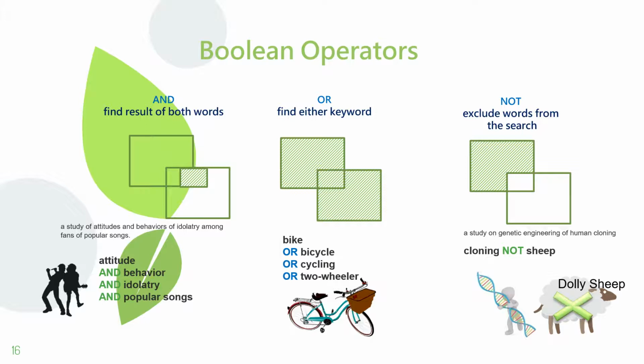Usually we use AND when two words are different attributes. In contrast, OR is used for two similar concepts so that you can expand and complete the results. NOT is used when you want to exclude a concept from such results.